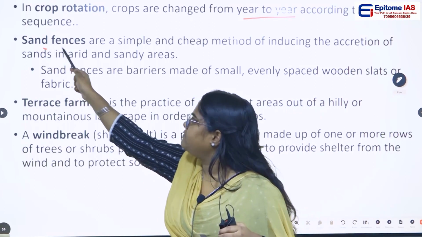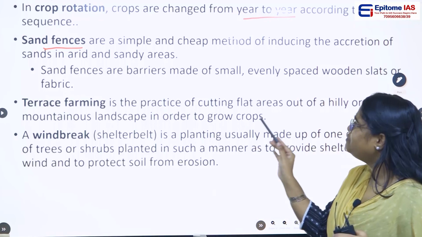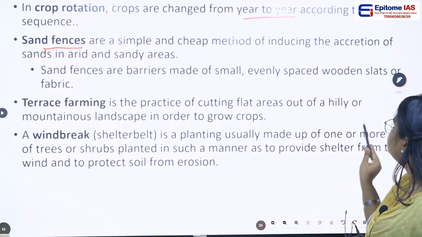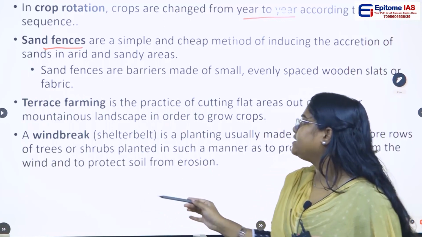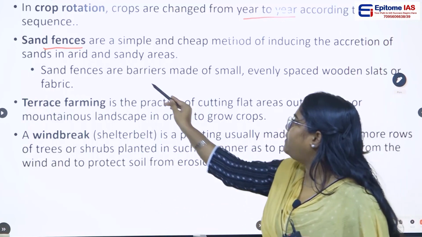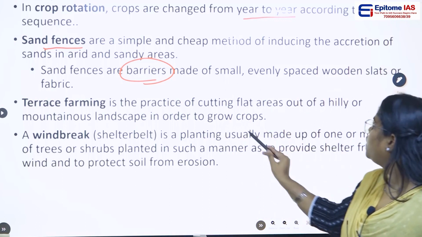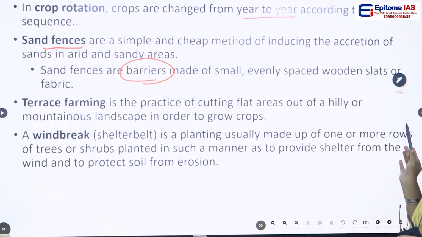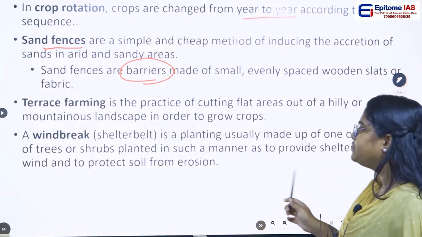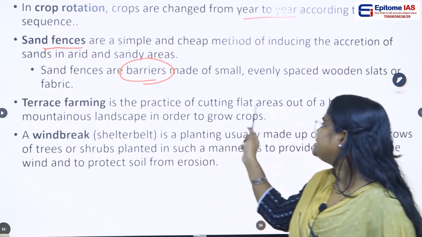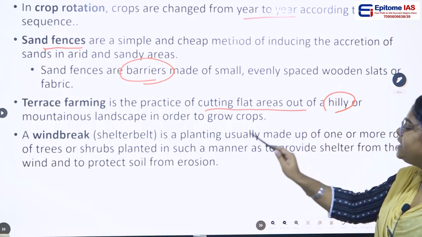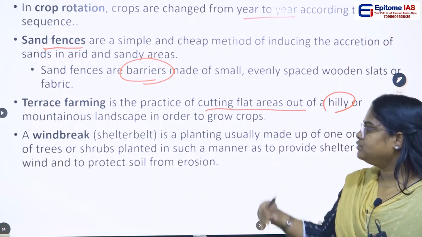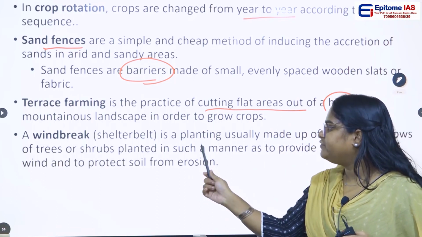And sand fences are a simple and cheap method of inducing the accretion of sand in arid and sandy areas. These sand fences are barriers made of small, evenly spaced wooden slats or fabric. Then terrace farming is the practice of cutting flat areas out of hilly or mountainous landscape in order to grow crops. And what is a windbreak?